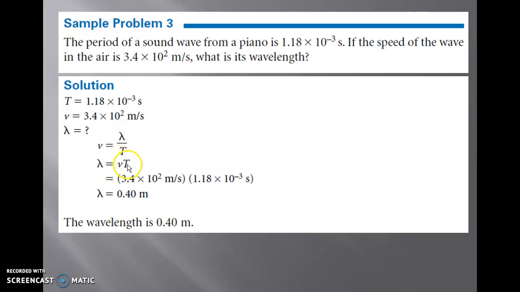If you substitute the values, the value of speed is 3.4 times 10 raised to the power 2, times the period, 1.18 times 10 raised to the power minus 3. Multiply these, and your answer becomes 0.40 meters, which is the value of the wavelength. Therefore, the wavelength is 0.40 meters.